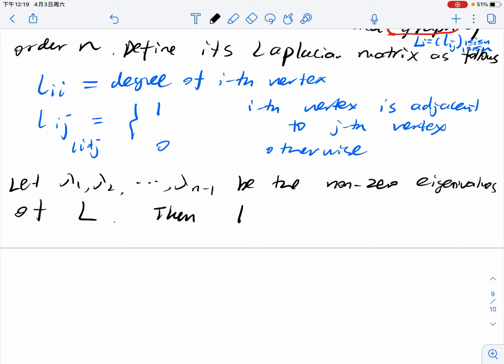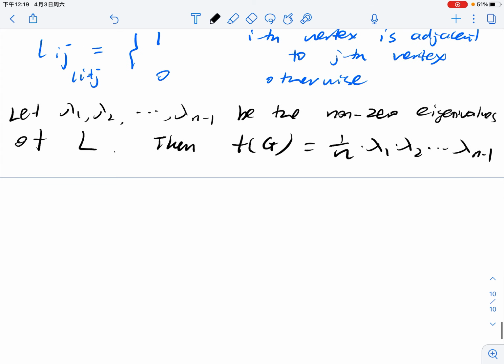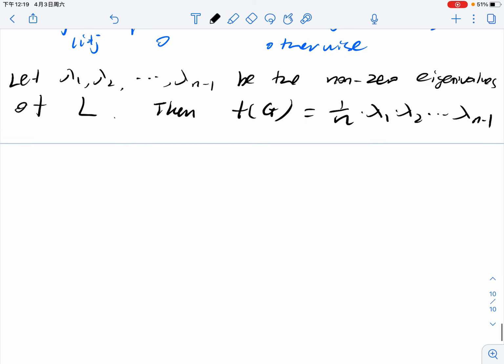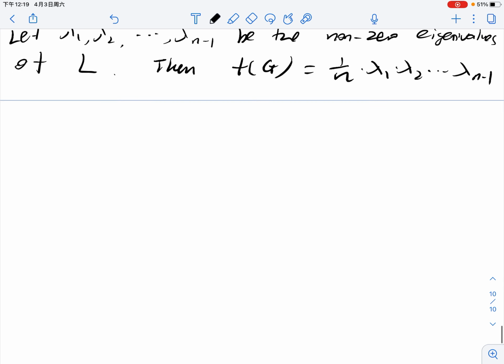Then T_G, the total number, is 1 over n times lambda 1 times lambda 2 times up to lambda n minus 1. Yeah, this is a very fantastic formula, and if you apply it to the previous cases for Kn and Qn, you get the answers derived previously by other people.